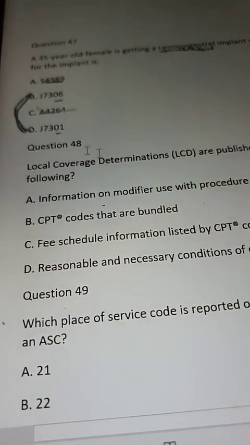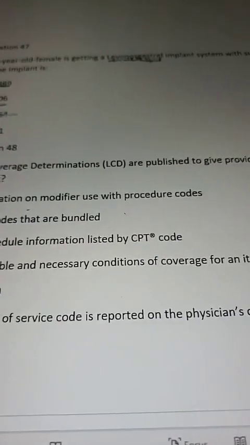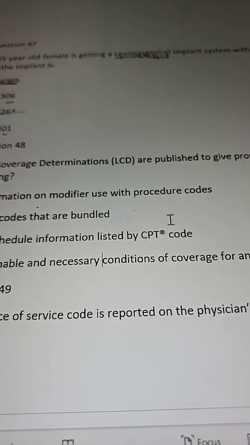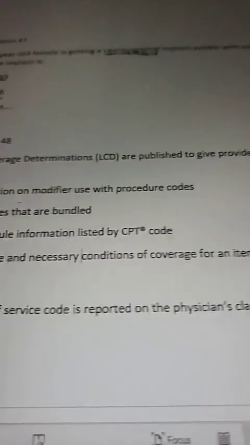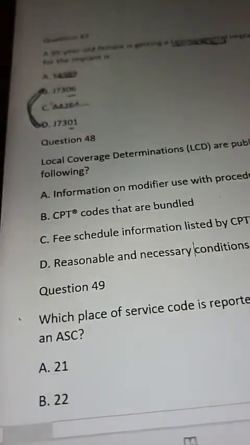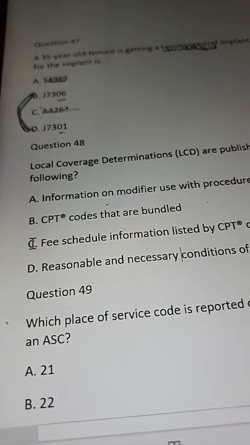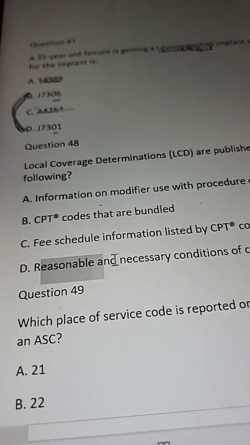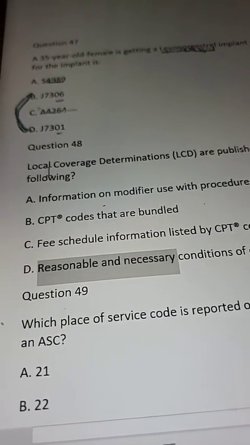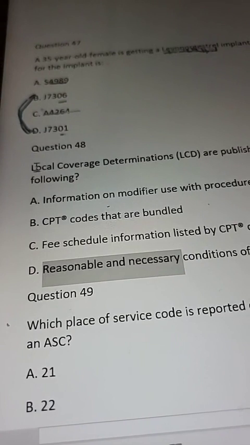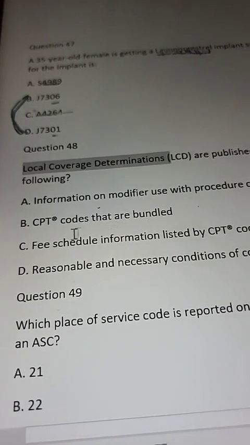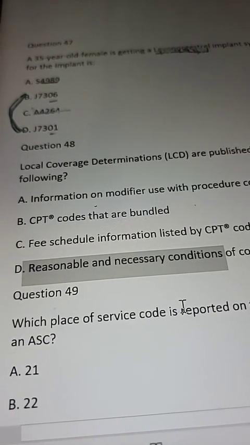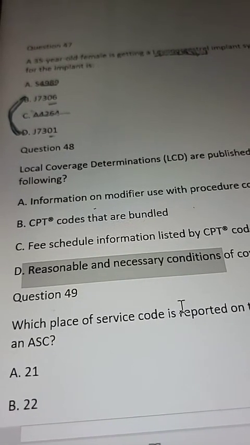You know, I think that A and C were kind of close because they were the same length of sentence and they ended with code. So sometimes trying to do a process of elimination isn't really helping. You just need to know exactly what the information is supposed to be. So be sure you know LCD means reasonable and necessary conditions.